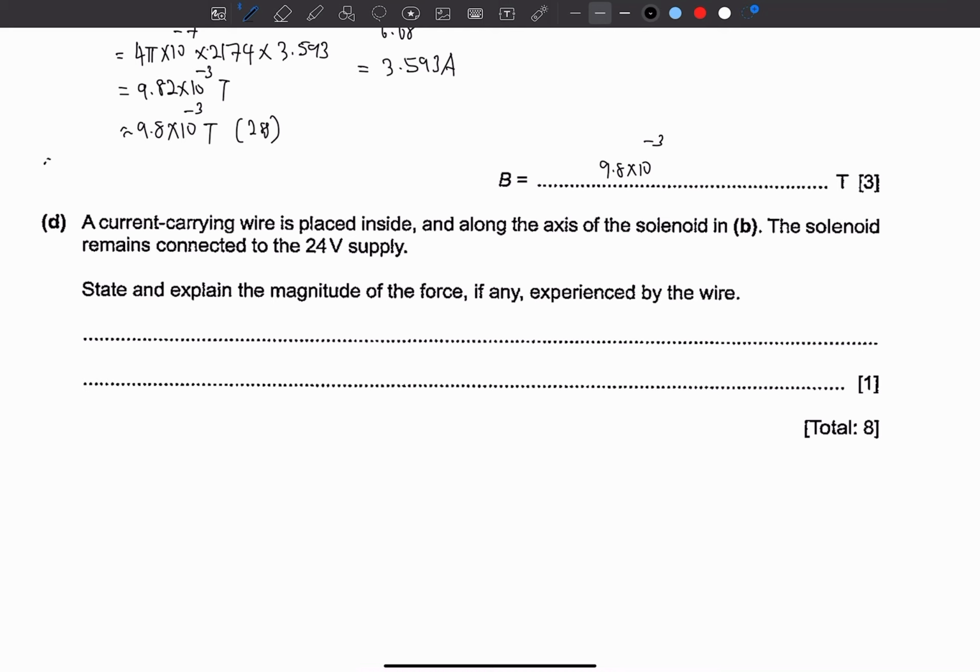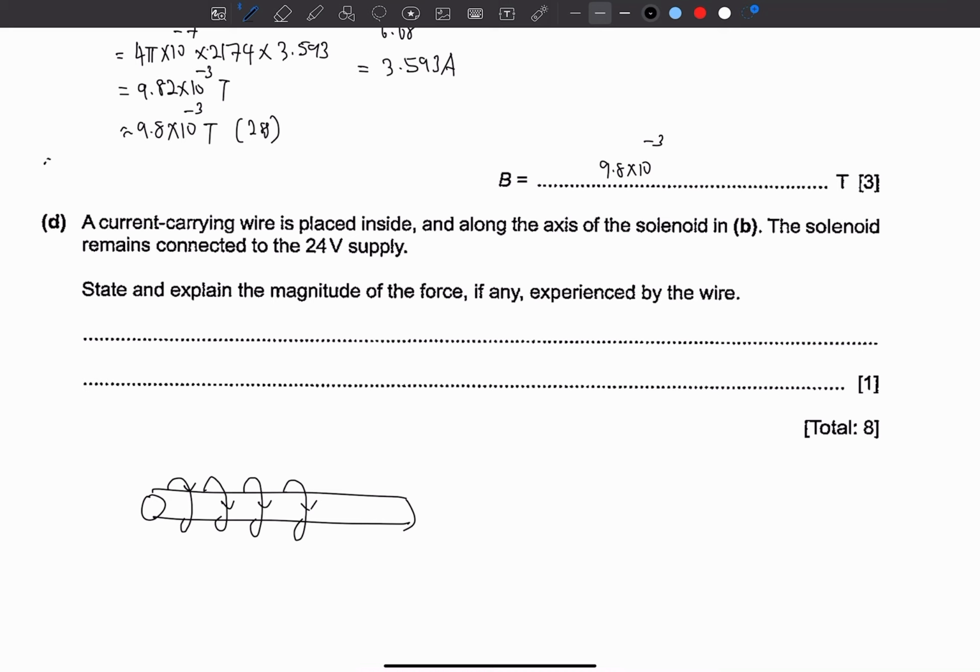Okay, so you'll draw the same solenoid here, and it's wrapping around this way.